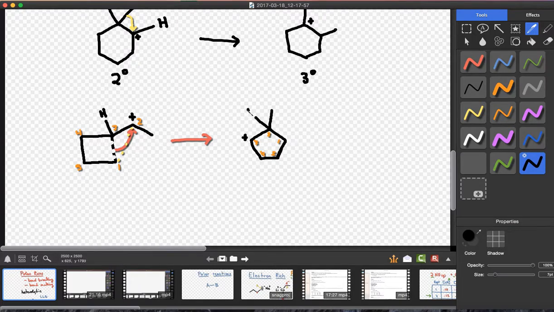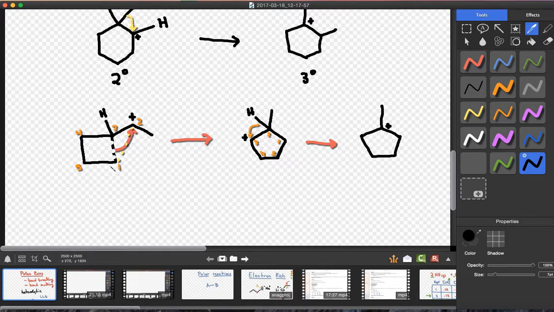And now I can have a 1,2 hydride shift. So I can have successive shifts if each shift makes the molecule more stable.